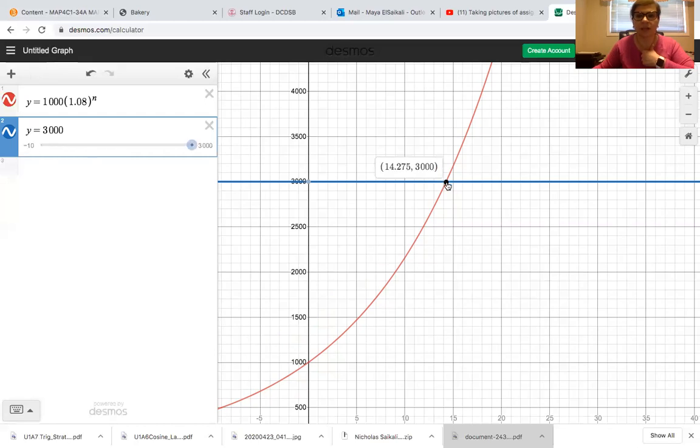So we see here that point where the two graphs meet, where the line and the graph meet, and that would be, if I'm looking for n, your x value. So after 14 years or 14.2 years, you're gonna get 3,000.